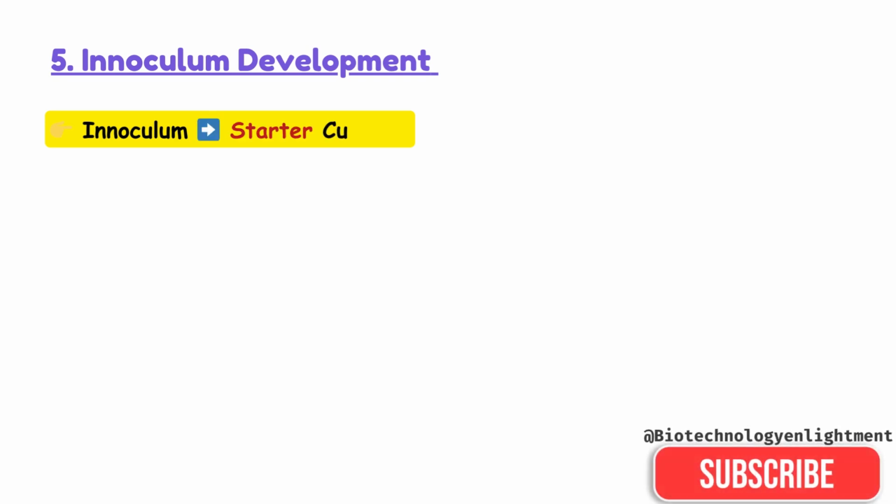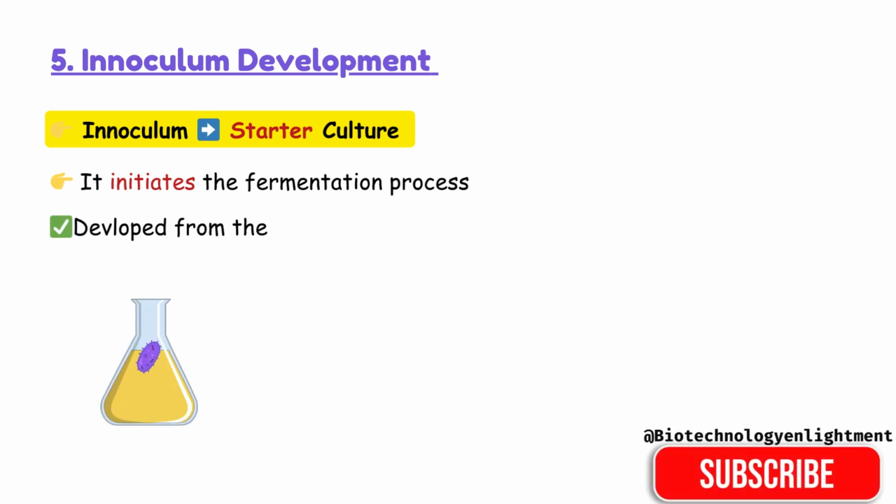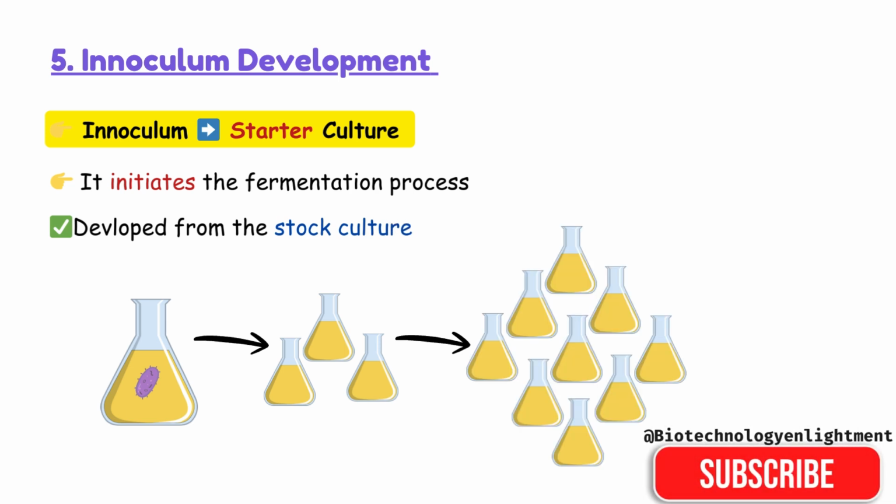Step 5, inoculum development. Inoculum is the starter culture which is used to initiate the fermentation process. Inoculum is mainly developed from the stock culture of the selected microorganism.